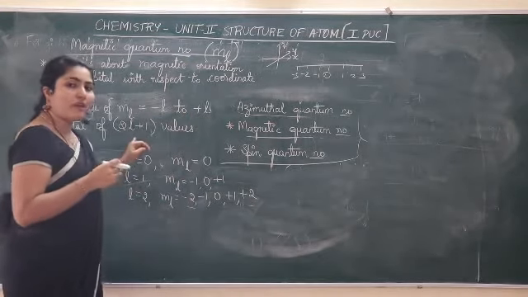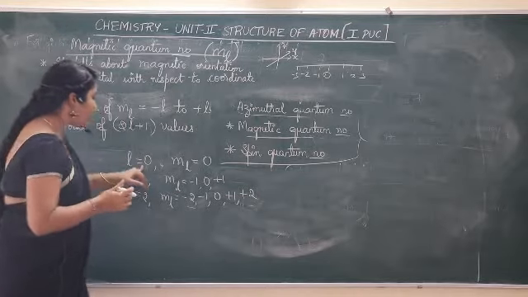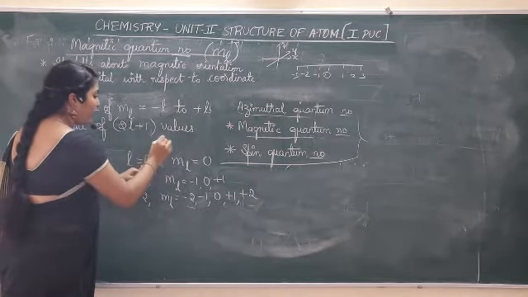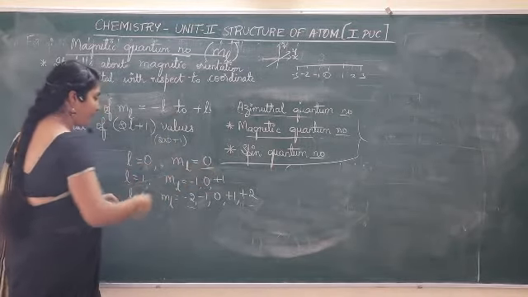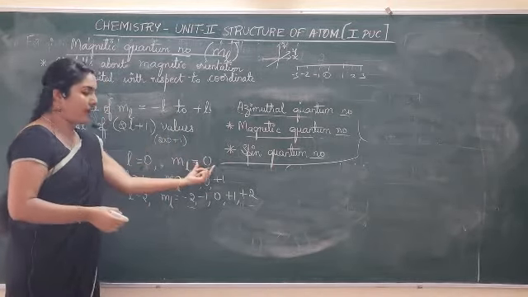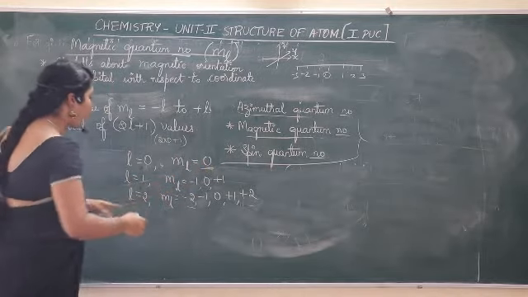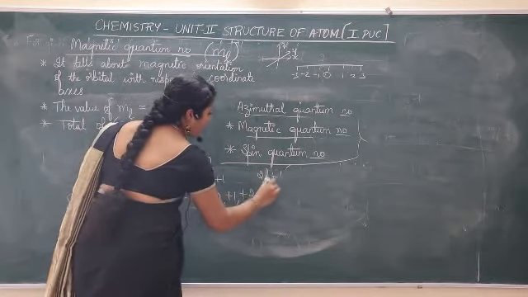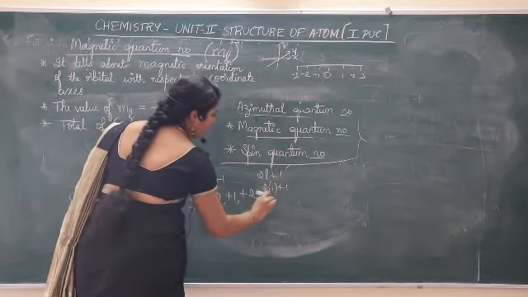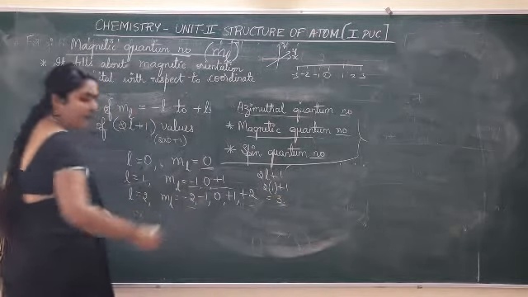And total of how many values will we have? We will have 2L plus 1 values. Consider this one: 2 into 0 plus 1, that is 1 value. In the second one, how many values? 2L plus 1, that means 2 into 1 plus 1, 2 plus 1, 3 values.